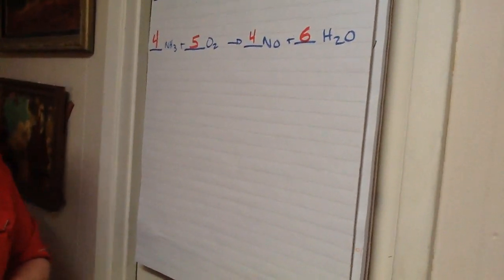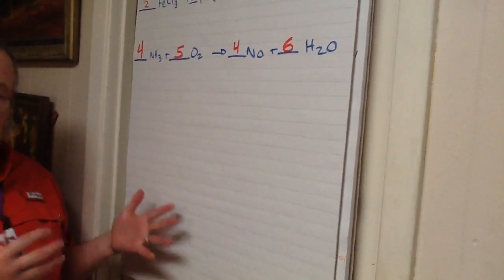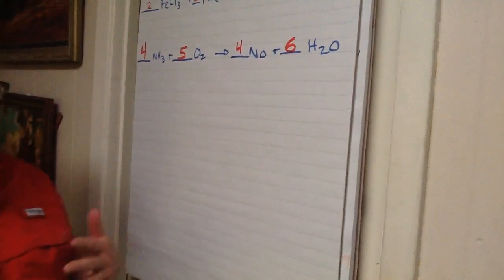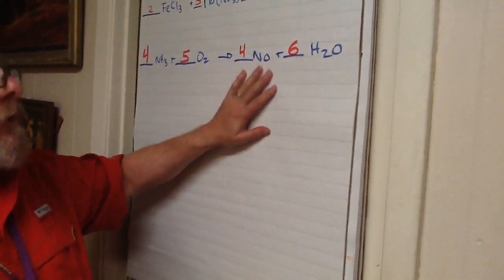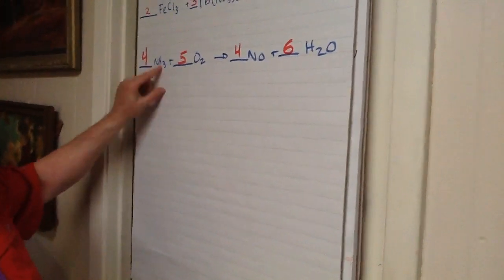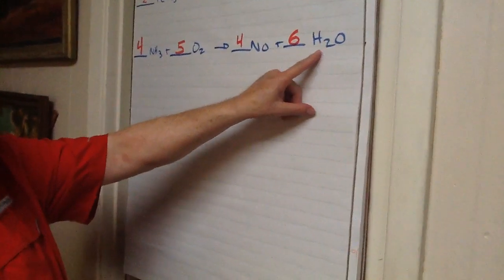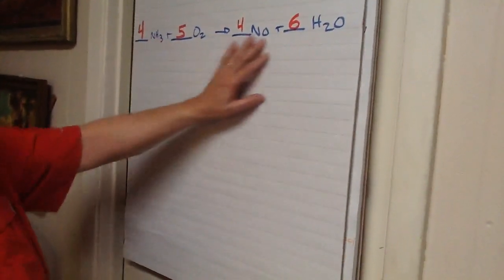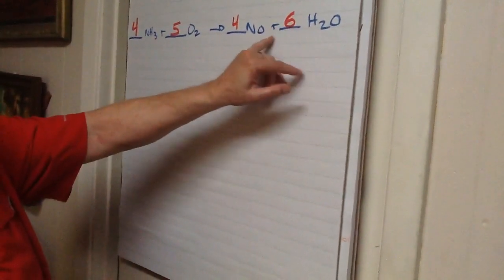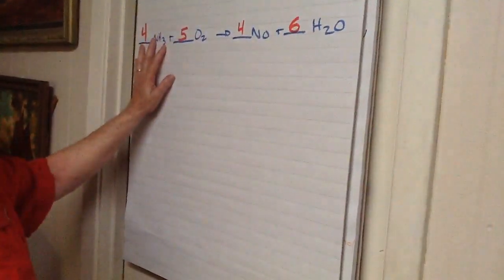That one was kind of hard, I admit it. But all you can do is follow the guidelines from the book and from the notes, and do your best. And if something doesn't work, try something different. Like I said, I saw here that I had 3 hydrogens here and 2 there. So I tried, when you multiply 2 times 3, you get 6. I tried a 3 here, but it didn't work out.